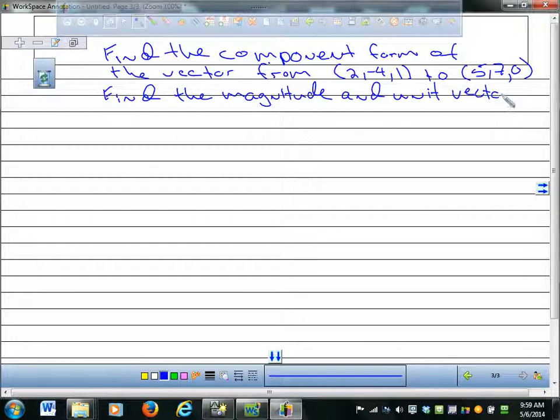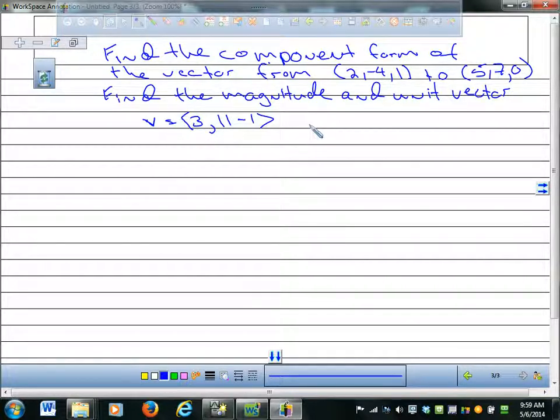So all you have to do is write that v is equal to, you just subtract this minus this. So it's just going to be 3, 11 and -1. That's all there is to it. So that's the component form of the vector.